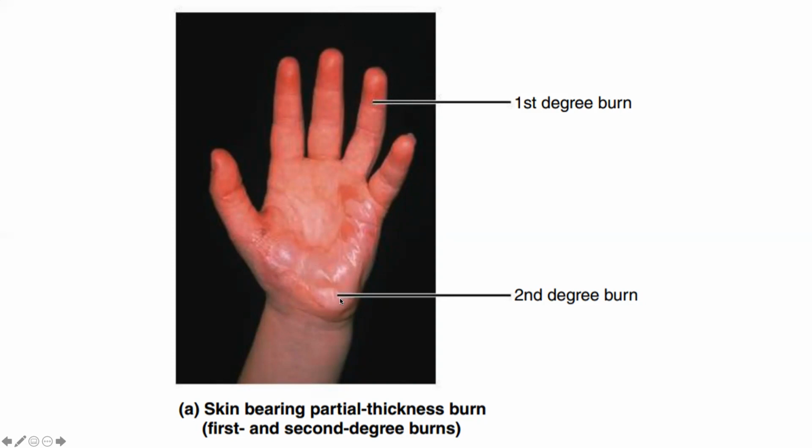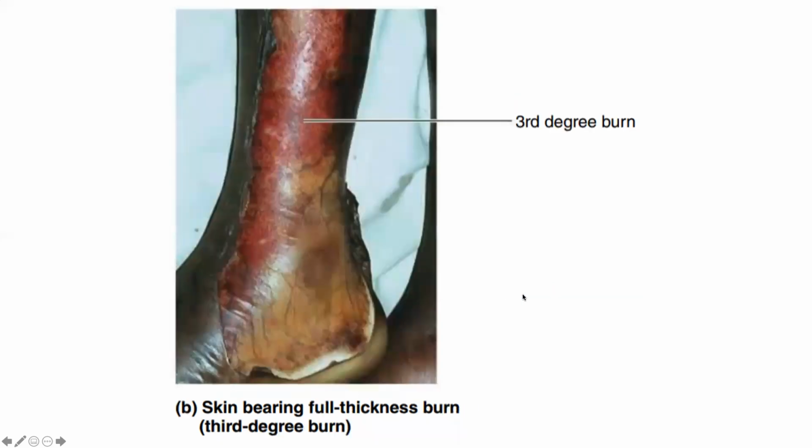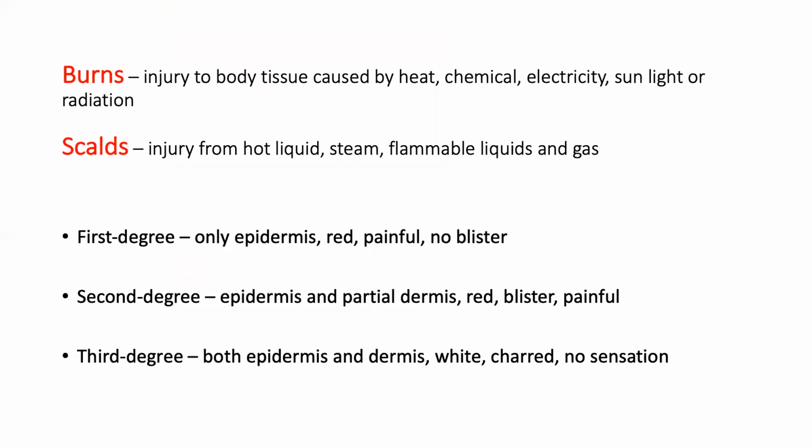So the red area itself is just a first-degree burn, and the area which creates bullae is the second-degree burn. Now, if we look at this photograph, the whole limb, like this is the right foot, right ankle, and right leg, the area is all completely burned out and charcoaled. And this is a third-degree burn.